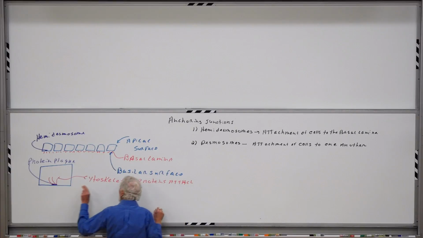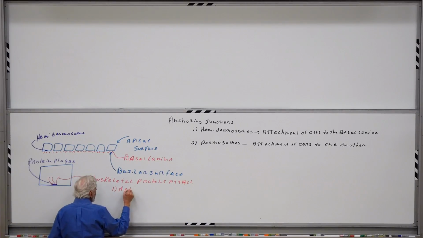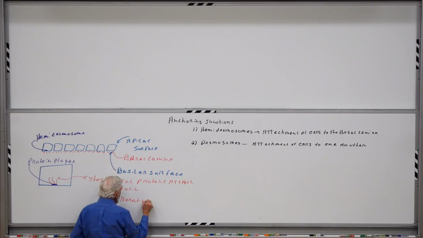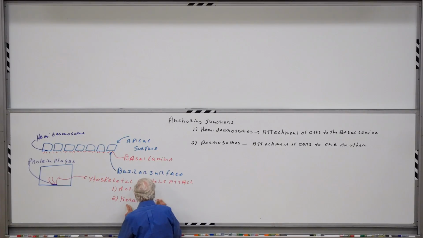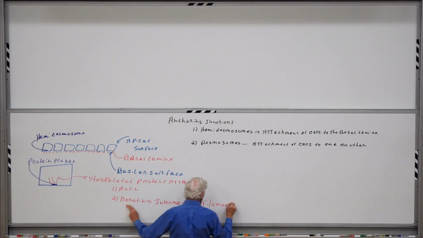Now, the intracellular cytoskeletal proteins could be actin, or in cells we'll talk about a little bit later today, called keratinocytes, it could be keratin. You may remember that keratin is an intermediate filament protein.